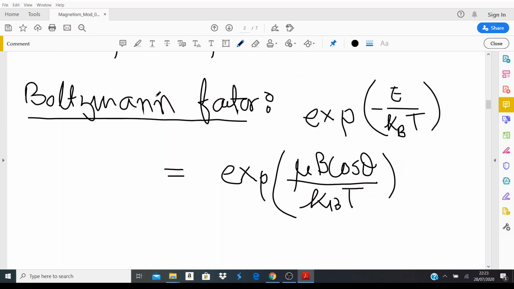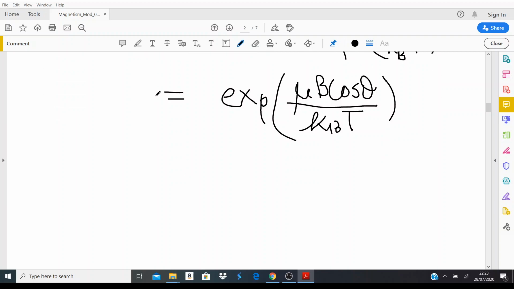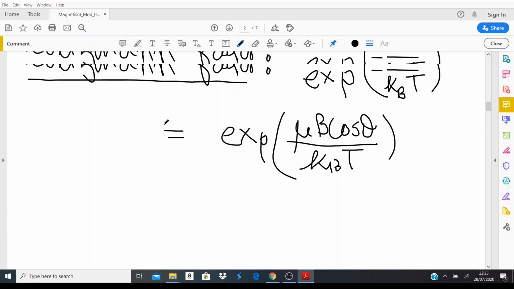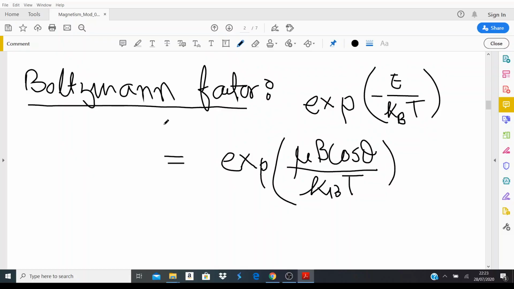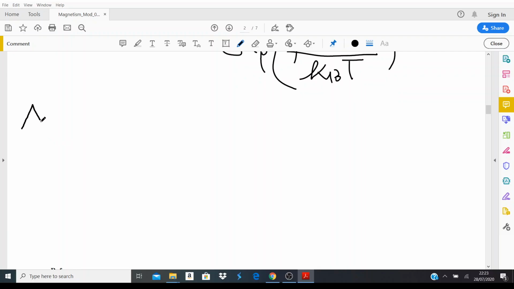Now let us understand another important concept from the study of statistical physics, which is how do you find an average value of some quantity, right? So we are trying to calculate some average value.